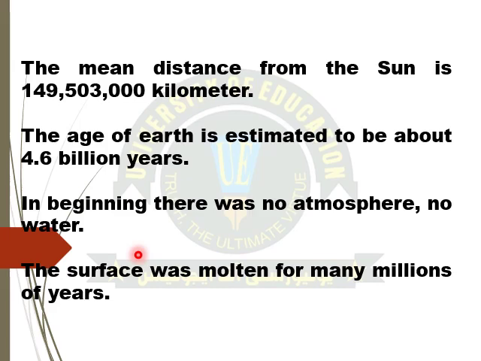Both of these things supported life. It was also noticed that the surface of Earth was molten for many millions of years because it is thought that the Earth was once part of the Sun.